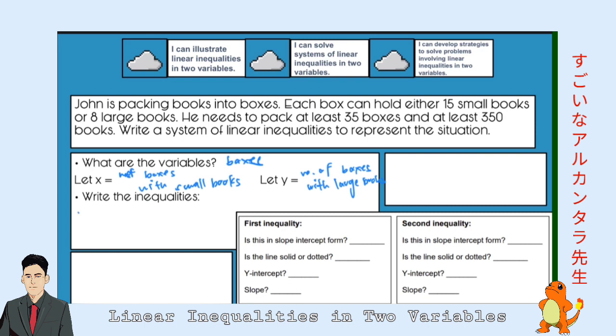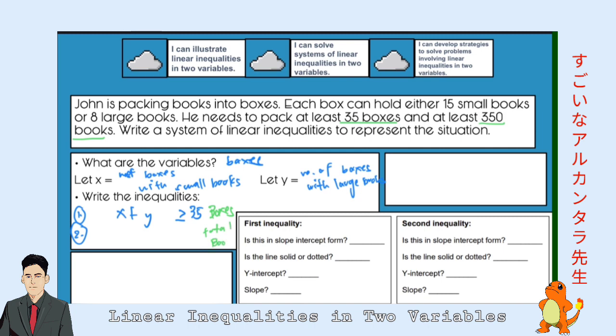So the first situation here, in the context of boxes, again, just like earlier, the phrase is at least 35, so greater than or equal to 35. So we'll have x plus y greater than or equal to 35, because we're just talking about the total number of boxes that will be used. For the second context, we have 350 books, so total books is the next context.